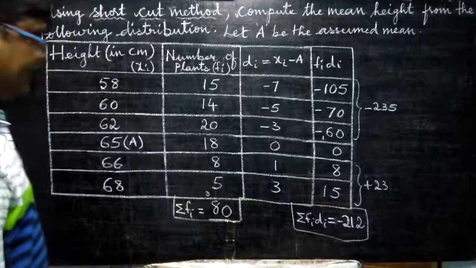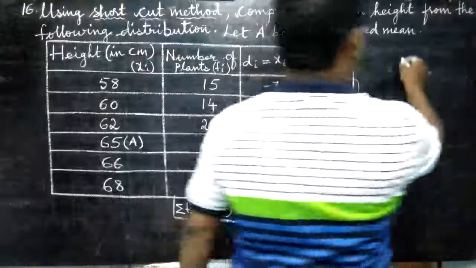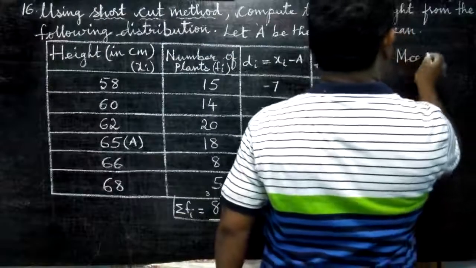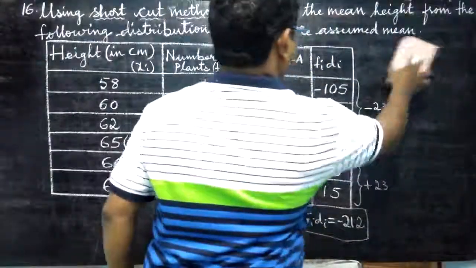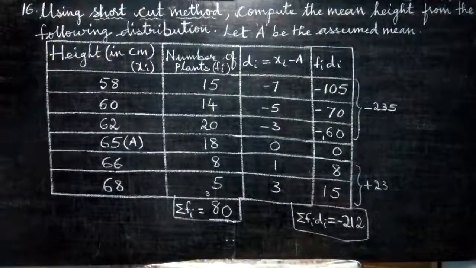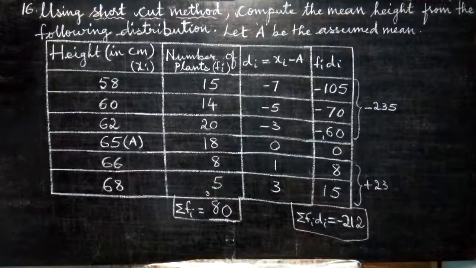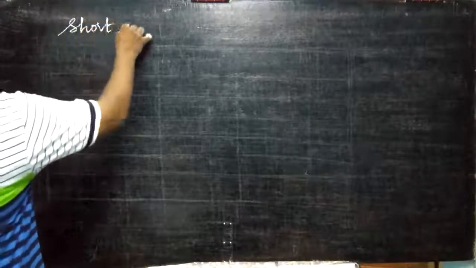Now we are going to find mean. What is the formula for mean? Now they told to find mean in shortcut method. The formula changes.